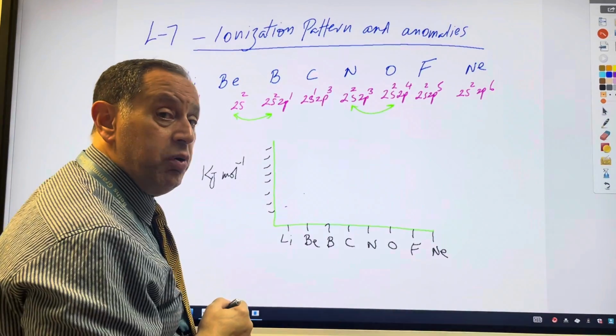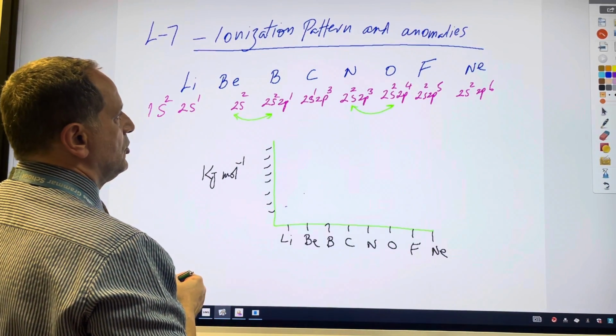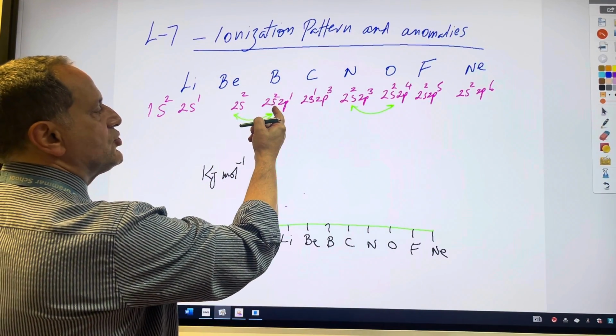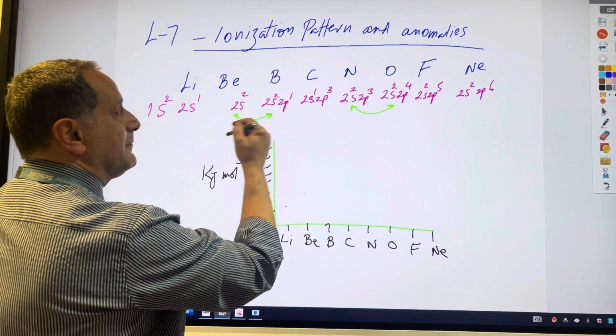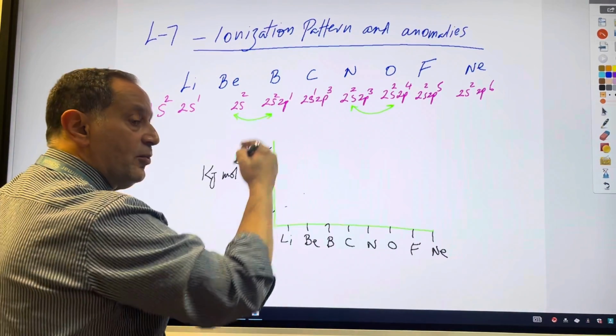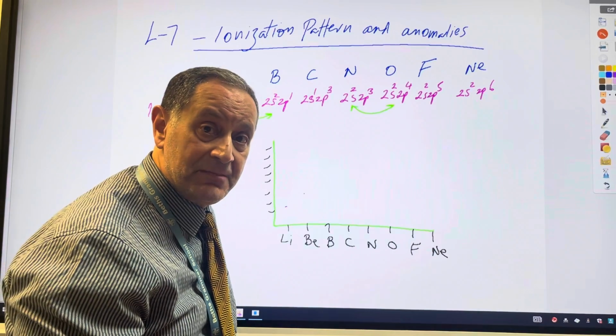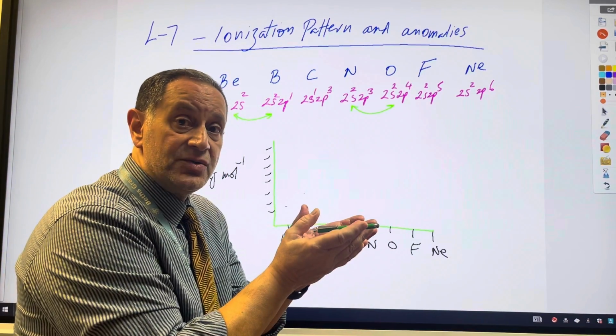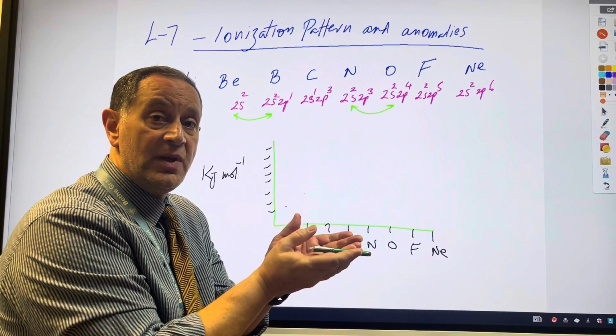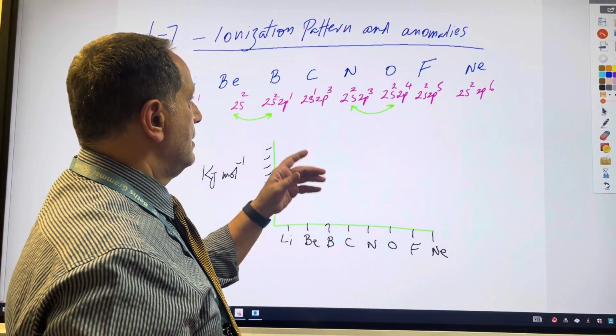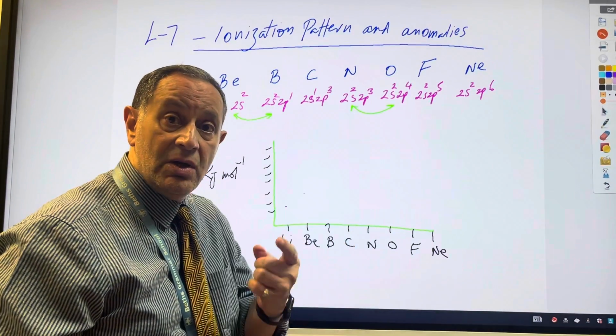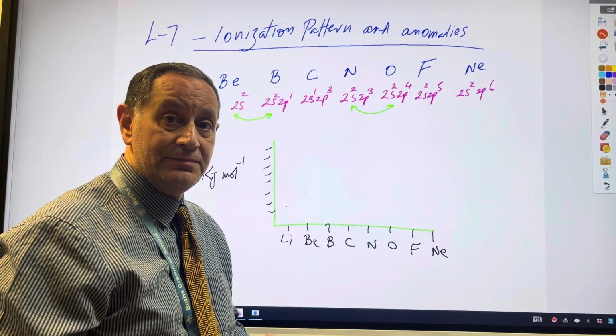But when it comes to boron, something strange happens. Boron is 1s2, 2s2, 2p1. Now, of the p orbitals, there are 3, and there are 6 electrons in the p orbitals, 2px, 2py, 2pz, this boron has only got 1 electron in the p orbital.